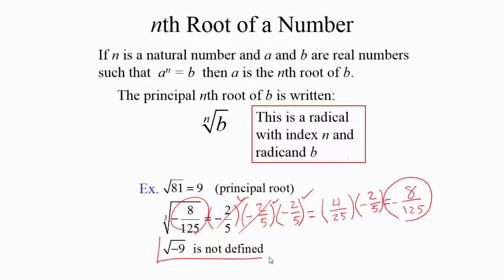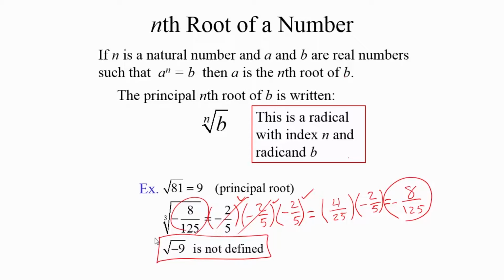You should remember that the square root of a negative number is not defined. You cannot take the square root of a negative number. In other words, you don't have any two real numbers that, if you multiply them by each other, give you a negative number, right? They cannot give you a negative. It would always be a positive number.